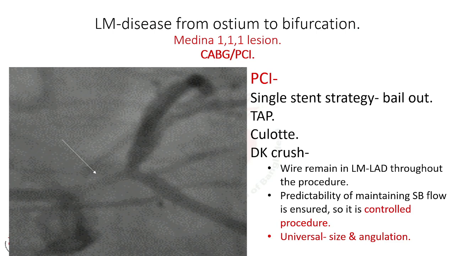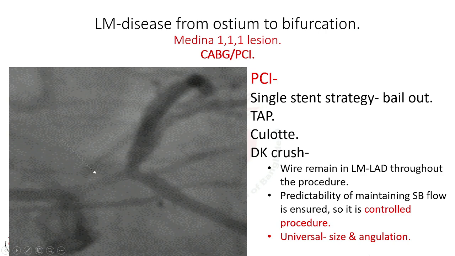So this is an unprotected left main disease. There are 3 advantages of DK crush. First, the left main to LAD wire, you never have to lose this wire. Second, for the side branch, there is little or no possibility to lose it. That is a controlled procedure.